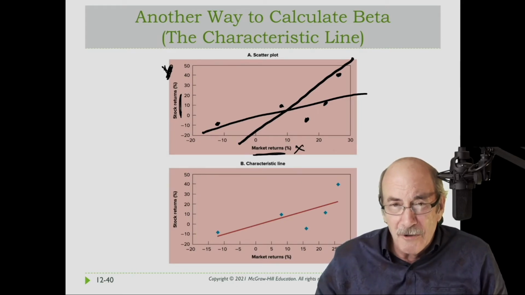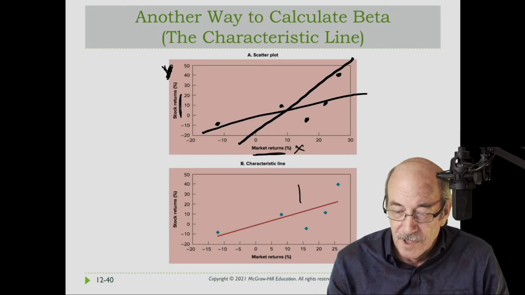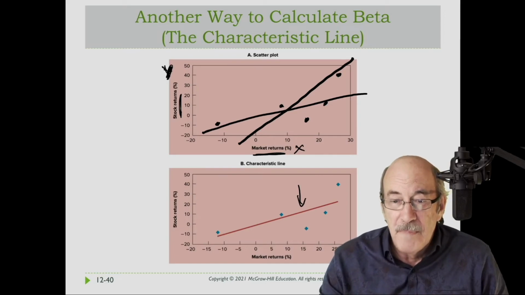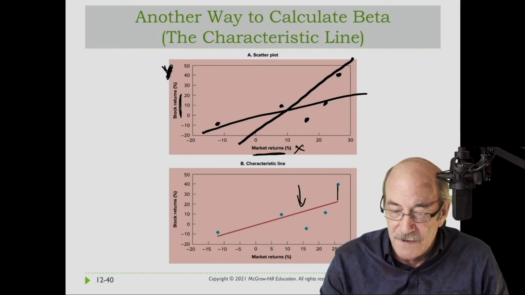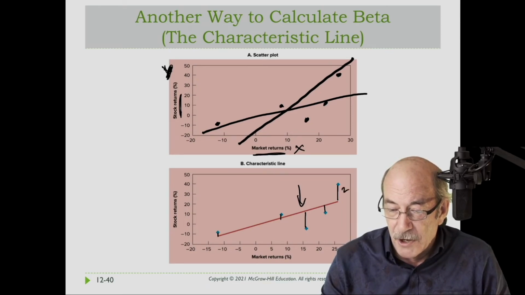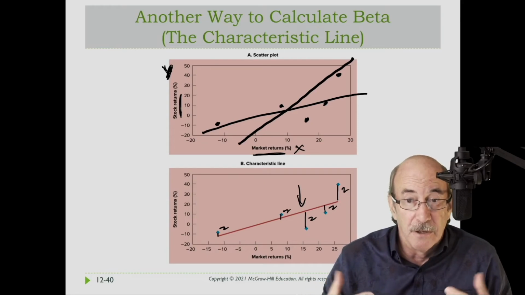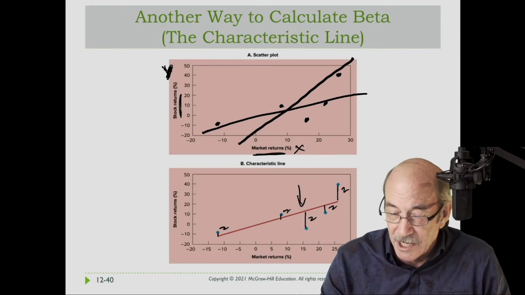What are we doing? All we're doing here is, notice this line right here. We're minimizing the squared deviation from the line. So we're taking each of these, we're getting how far, in a vertical sense, that these things deviate from this line. We're squaring that distance. So it doesn't matter whether it's above or below. We're adding it up.